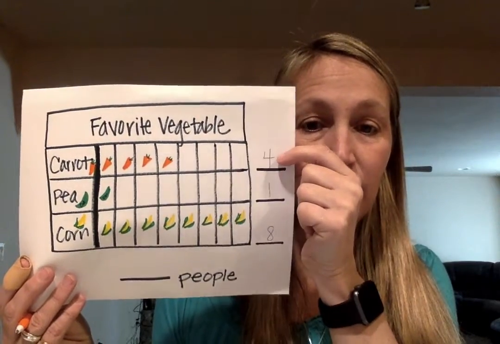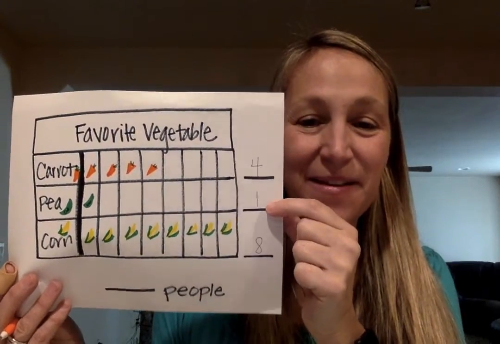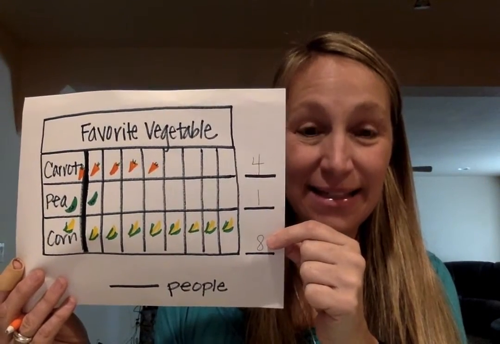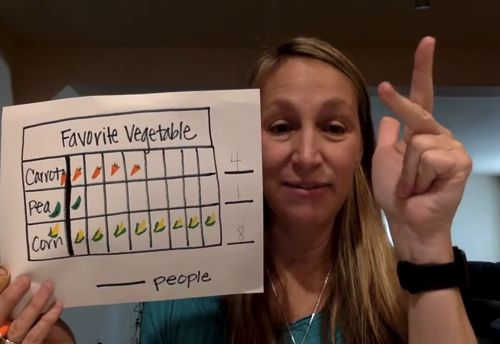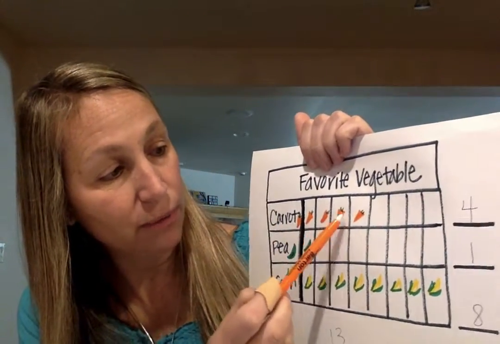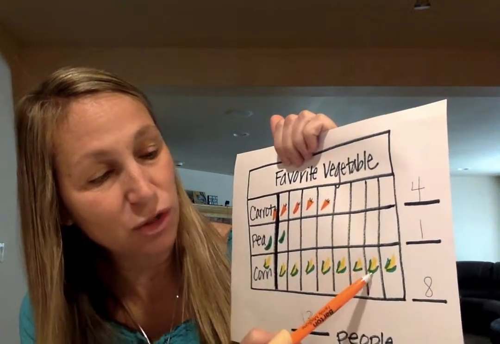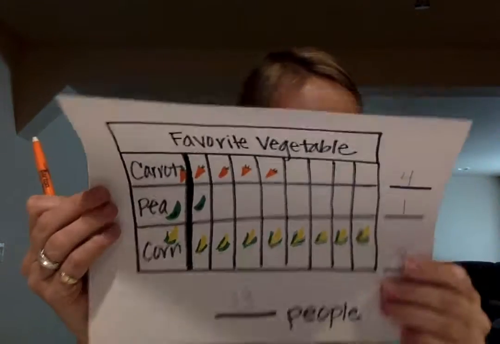So I could add 4 plus 1 is 5. 5 plus 8, 8, 9, 10, 11, 12, 13. So 13 people. And I can make sure that's right by double checking. 1, 2, 3, 4, 5, 6, 7, 8, 9, 10, 11, 12, 13.